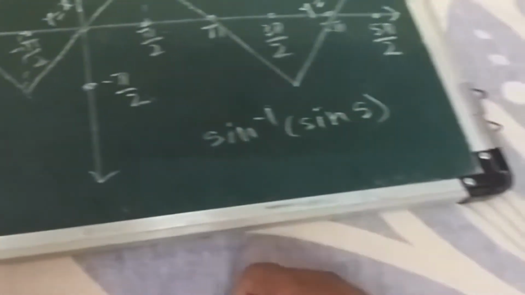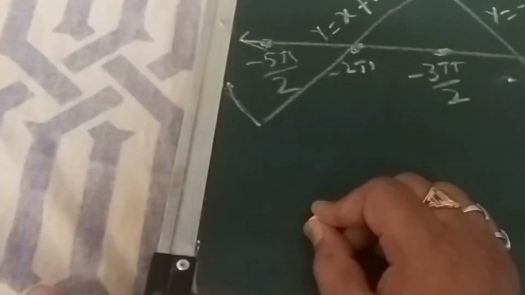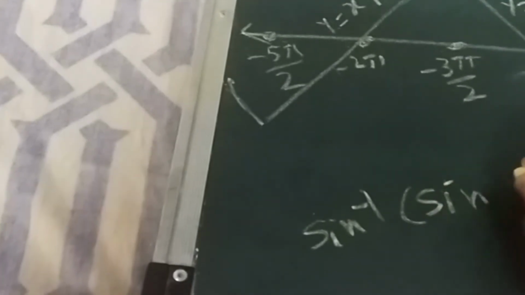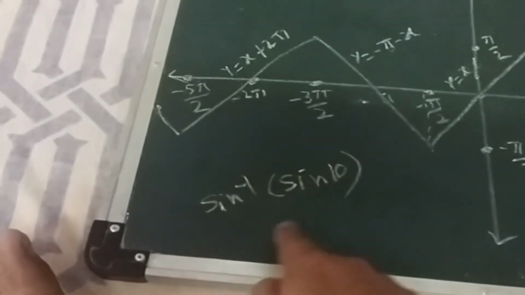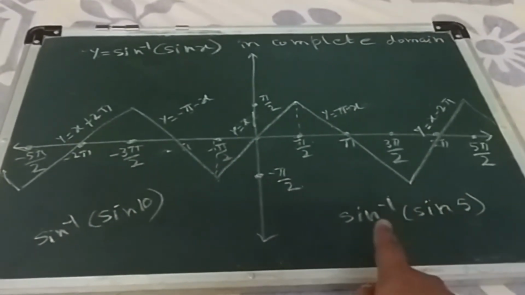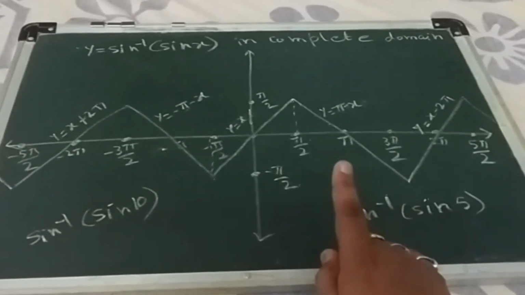Okay, this is in radian. Or you have to find the value of, say, sine inverse sine 10. Okay, 10 is in radian. For solving this type of question, this graph is needed, and I will solve this one using this graph in my next video.